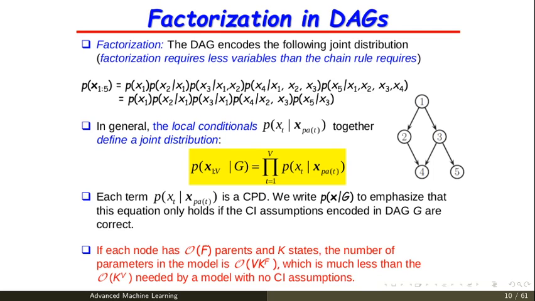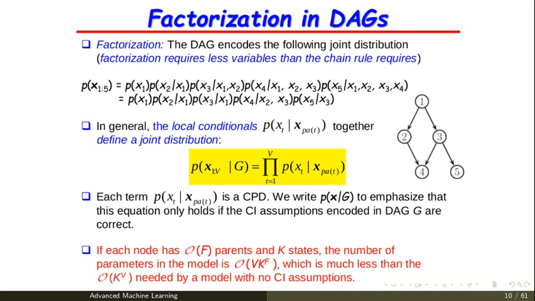Here I am taking a directed graph with 5 variables. The first equation writes the product rule with no independence assumptions, that is, I am assuming nothing.